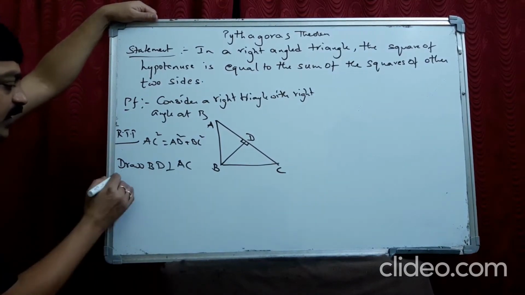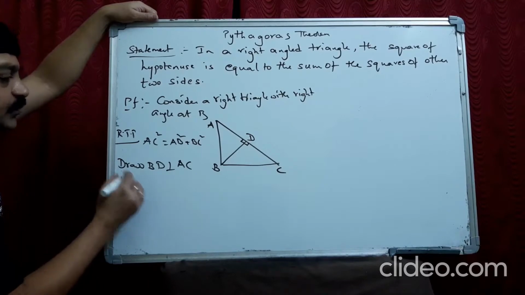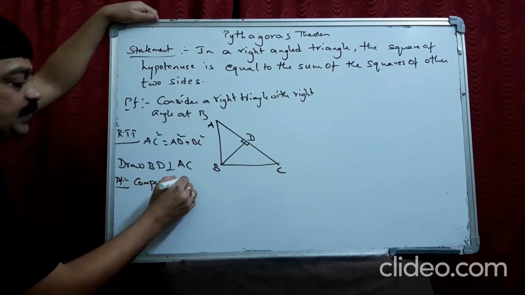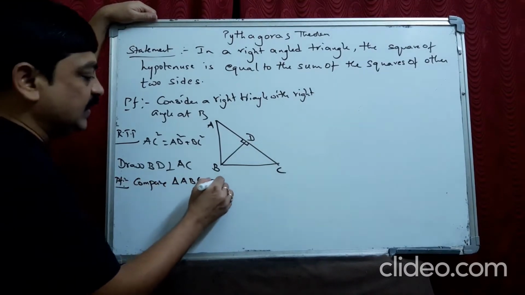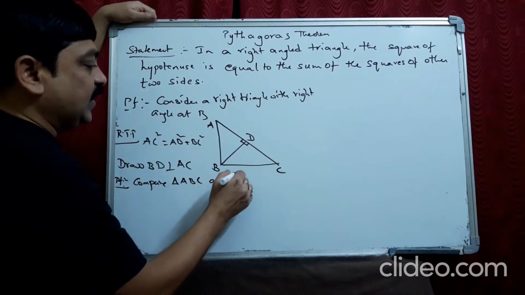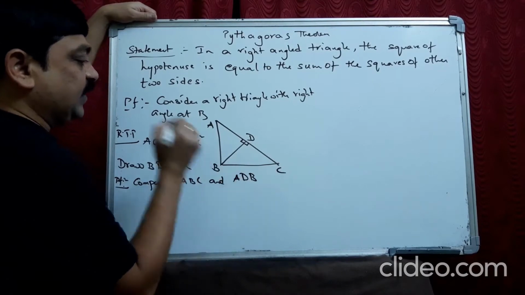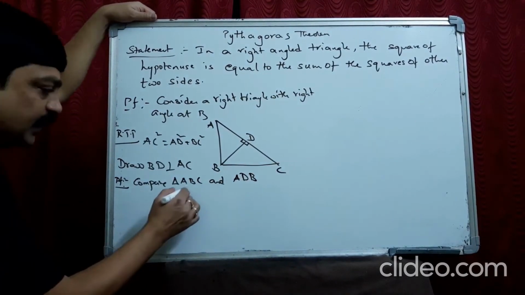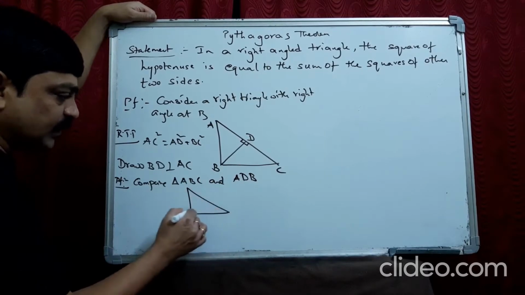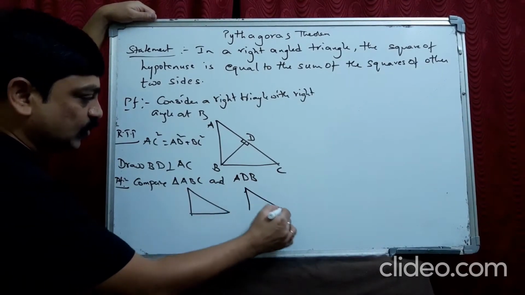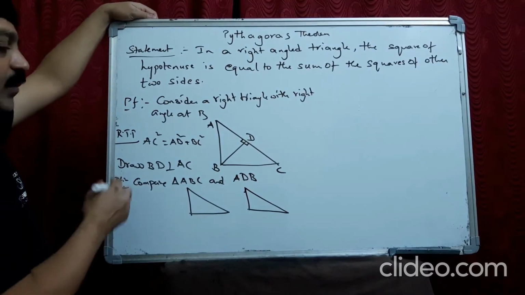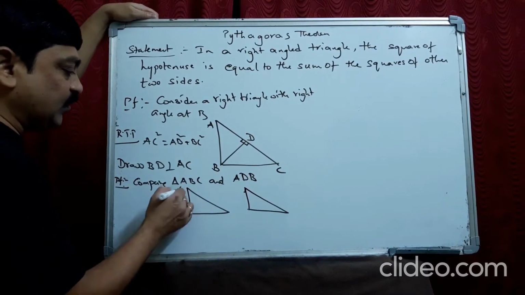When we start the proof, first we compare triangle ABC and triangle ADB. Both are right angle triangles. If you draw like this, which they don't draw in the textbook, it will be easy for you.